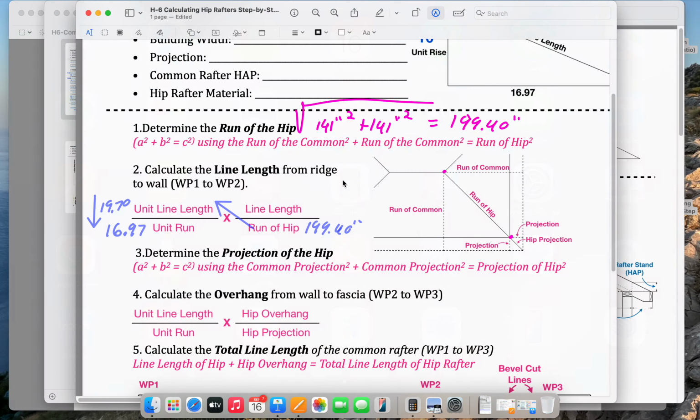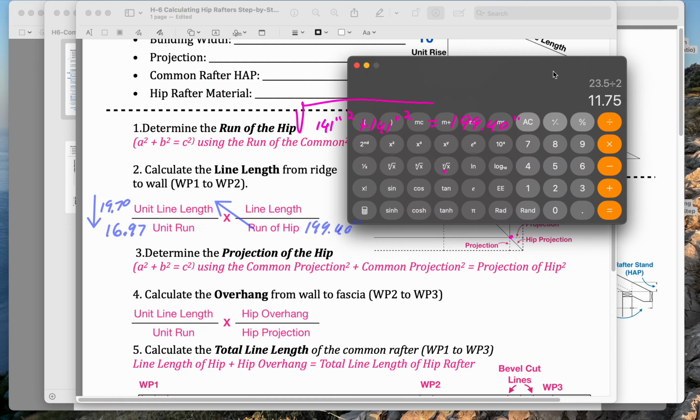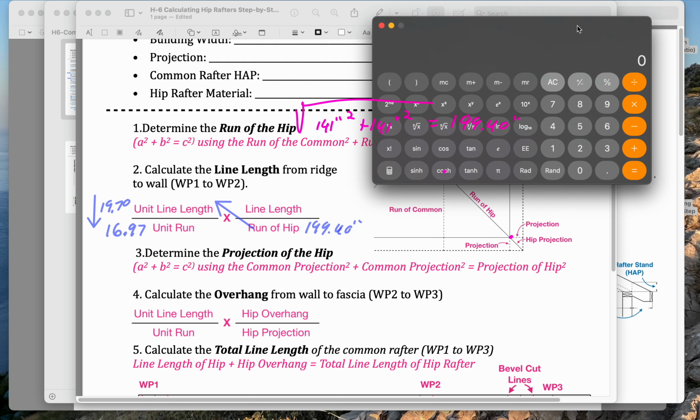And why don't I do it on the screen with you here so you can see. We've got 199.4 times 19.7 divided by 16.97. Okay, so we get a line length, so the length from working point 1, the ridge, to the wall for the hip rafter will be 231.48. So we can just call that 0.5 really, because we're going to round that up to a half of an inch will be the nearest number.